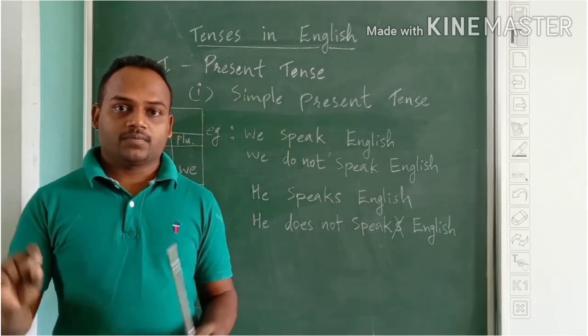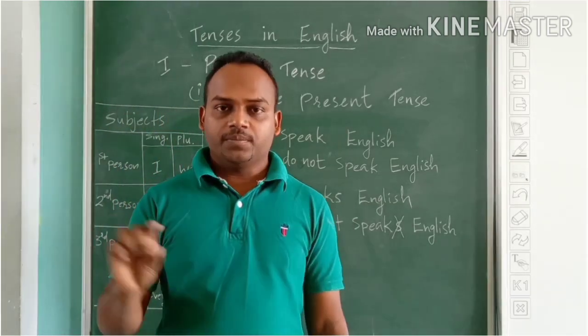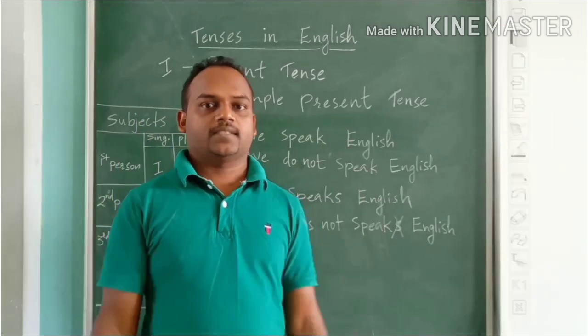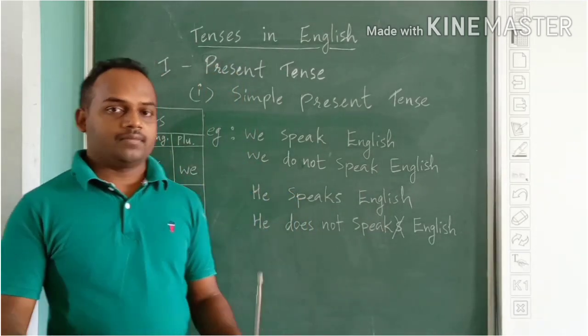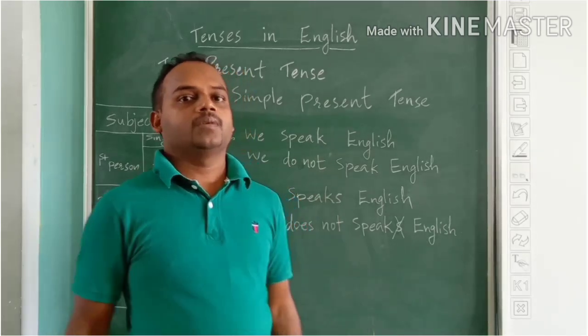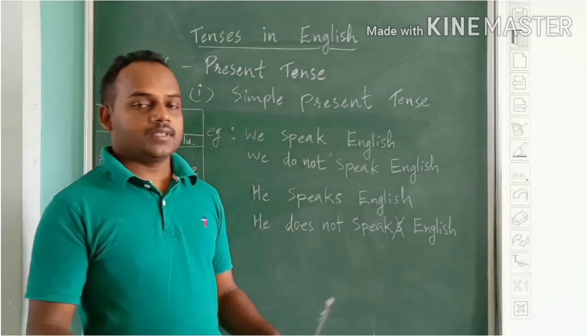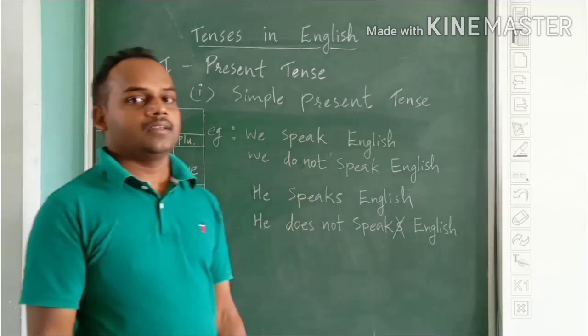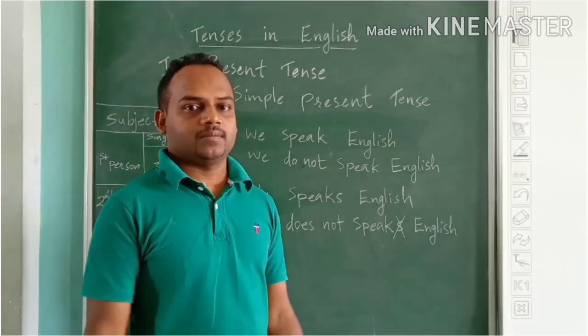And V stands for verb. It refers to the action of the sentence. And finally we have O. O refers to the person who receives the action from the subject, or the thing which receives the action. Ready?